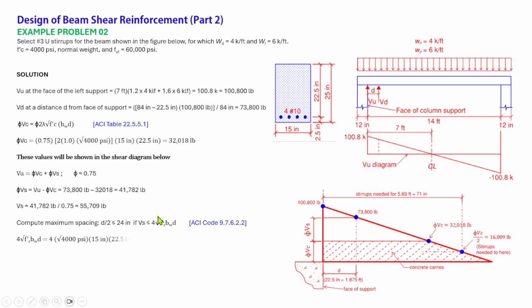Calculating this formula, we have 4 times the square root of 4,000 psi times 15 inches times 22.5, which is equal to 85,382 pounds, which is greater than Vs. So since Vs is less than that, the maximum spacing is d over 2, 22.5 over 2, that is 11.25 inches. This is the maximum spacing based on this ACI code requirement.